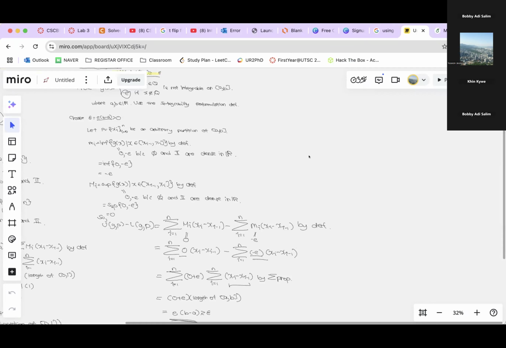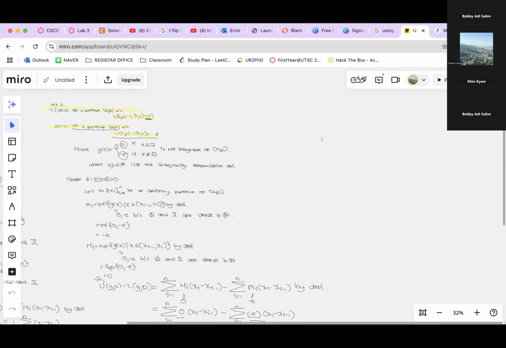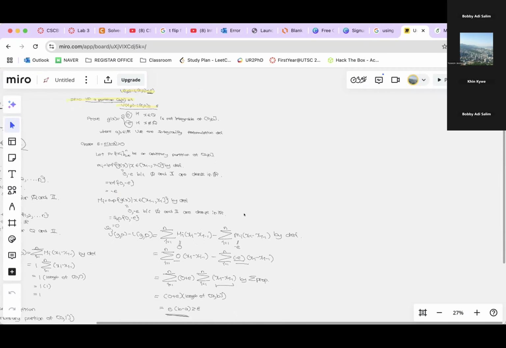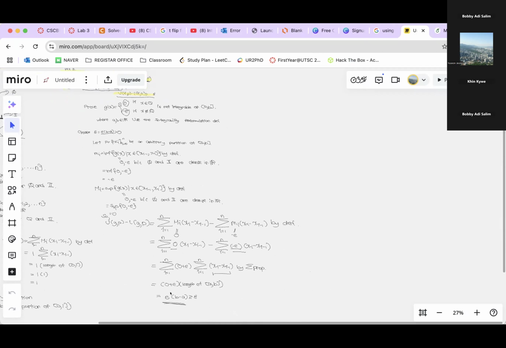Okay, can you go up for a bit? Is there a sum for both 0 plus E and xi minus 1? What do you mean, is there a sum for both 0 plus E? I wrote in here, over here, the n. Yeah, I placed in here it's going to be 0 plus E. This entire thing is the length of [A, B]. This summation of this portion over here, let me just highlight it.